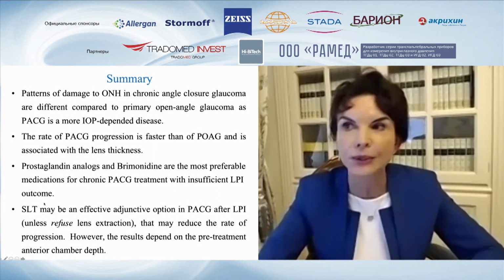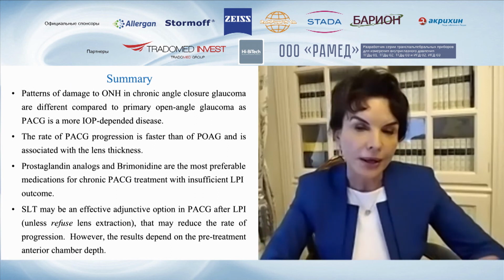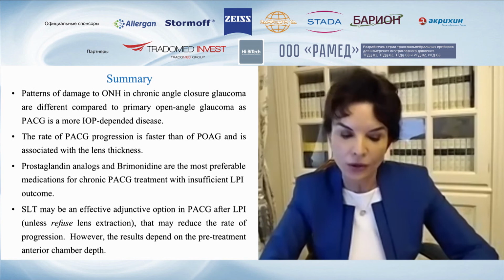In summary, patterns of damage to the optic nerve head in chronic angle closure glaucoma are different compared to primary open angle glaucoma, as primary angle closure glaucoma is a more IOP-dependent disease with a faster rate of progression that, of course, is associated with lens thickness.